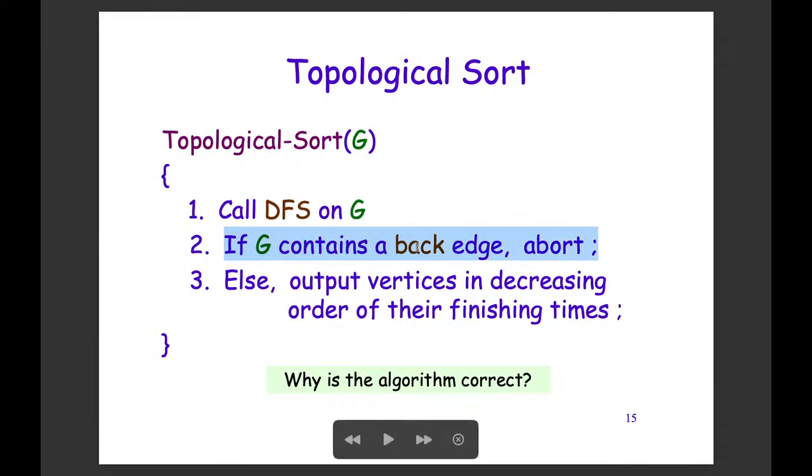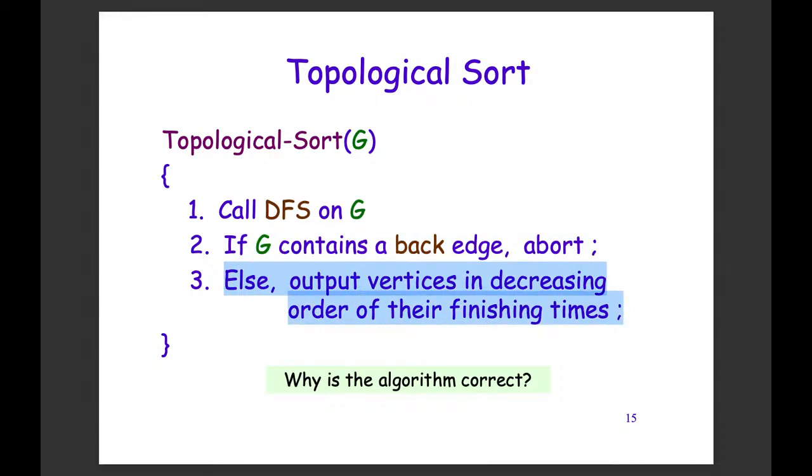If G contains a back edge during the process, then there is already a directed cycle, so we can abort the sorting because no one can sort the vertices properly. Otherwise, we output the vertices in decreasing order of their finishing time. Whoever finishes last is put as the leftmost vertex, and whoever finishes second latest will be the second leftmost vertex, and so on.